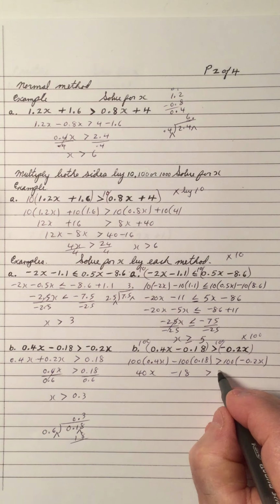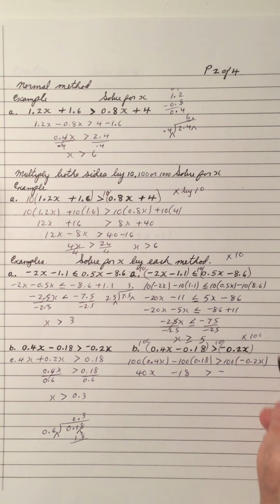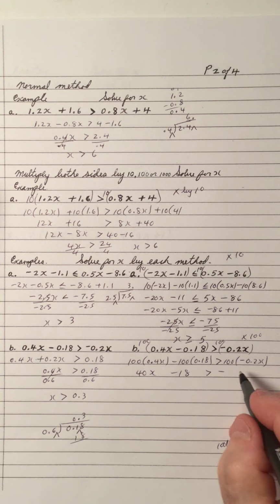And 100 moves it 2 places. So remember, if you got decimal 2 and you multiply it by 100, to move it 2 places, you got to go 1 place, so you need an extra. So it's 20. 2 places goes 1, 2. So it's a 20.